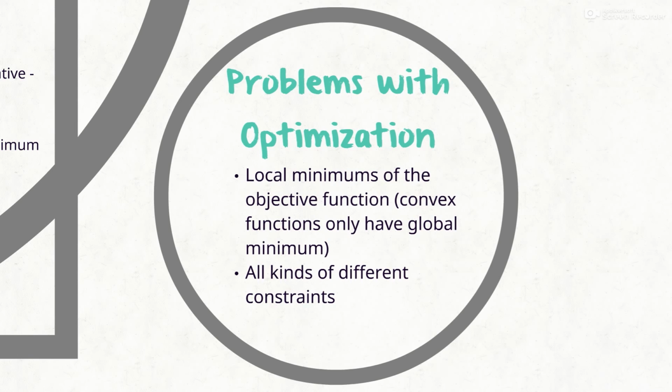But again, this is not always the case. So when you're actually training a neural network, you got to take steps to mitigate local minimums if you're not using a convex function. And then again, there's all kinds of different constraints for these problems. So changing the constraints is going to change the context of the optimization problem a little bit. And again, those vary dramatically. So we're not going to address those in too much detail here, since this is just an introduction to the fundamental maths for deep learning and artificial intelligence.